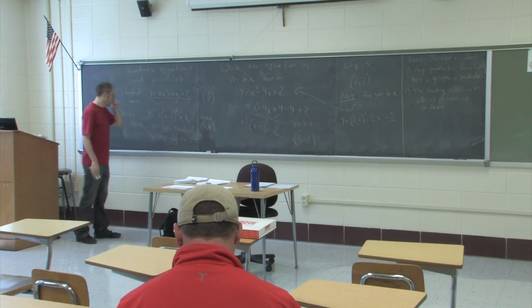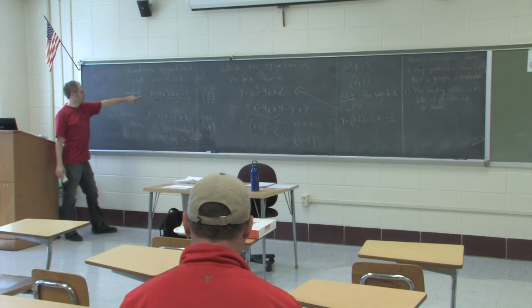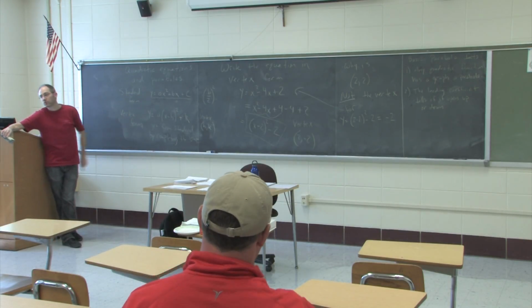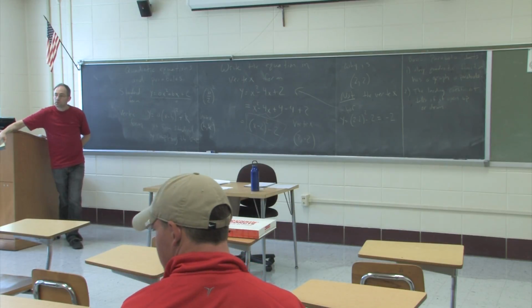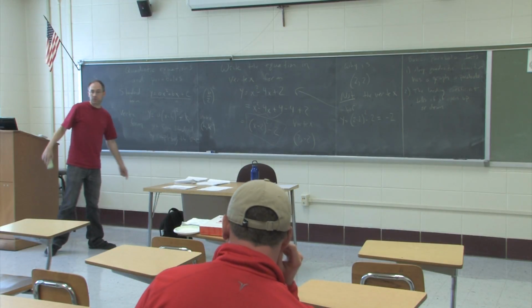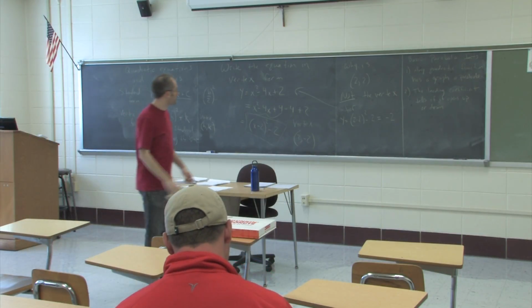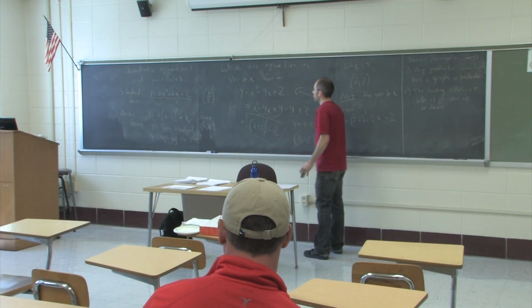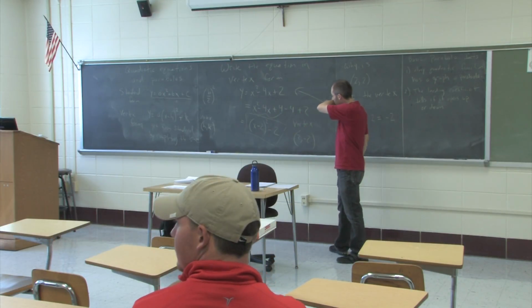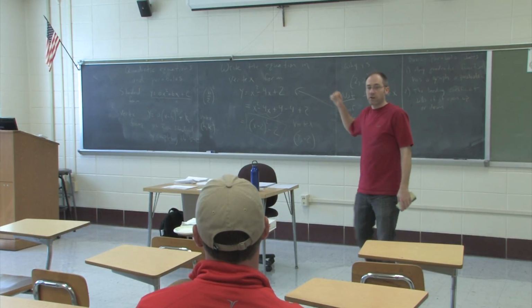Okay, so what is cool about vertex form over the standard form? It's easier to graph. Why is it easier to graph? Because you can just plot your vertex, plot your y-intercept. Well, you know the thing's got to have a graph of a parabola.